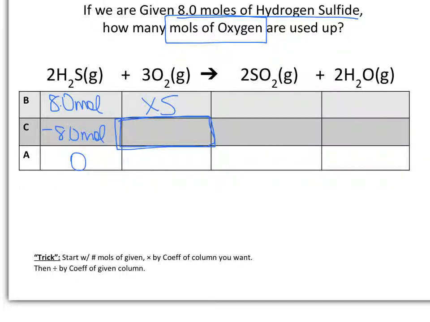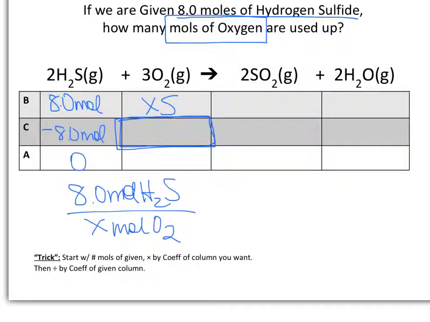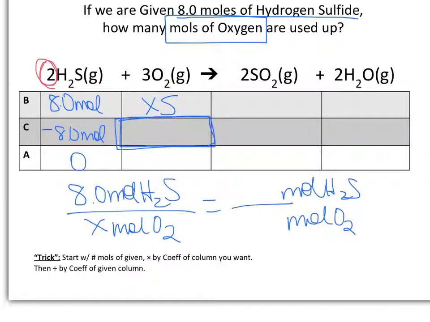So now we're going to start out with our given that we have 8 moles of the H2S that are going to be used up. And we don't know how many moles of the oxygen would be needed for that, equals, on the other side here, we're going to put the same units, moles H2S and moles oxygen on the bottom. Now where those numbers come from that go along with those units are from the balanced equation. It's 2 moles of H2S for every 3 moles of oxygen.